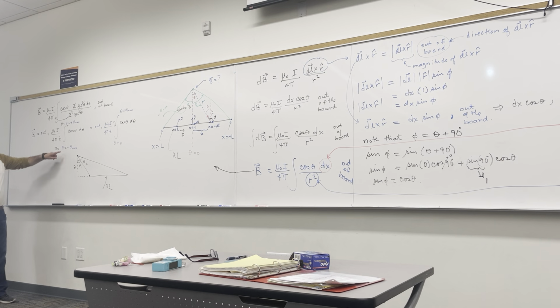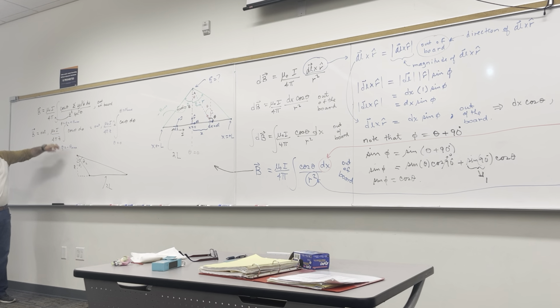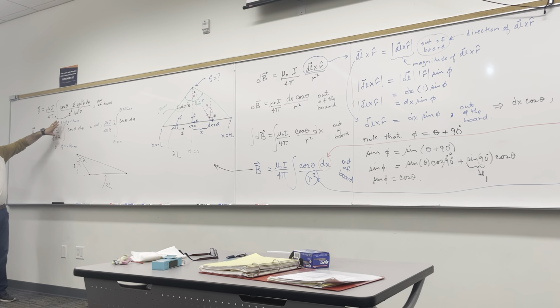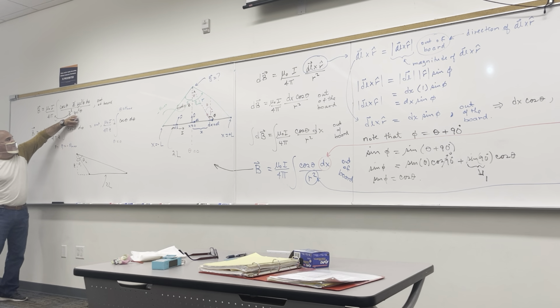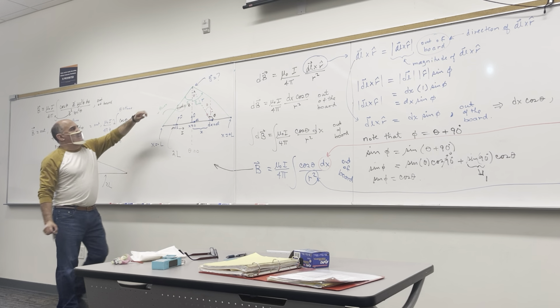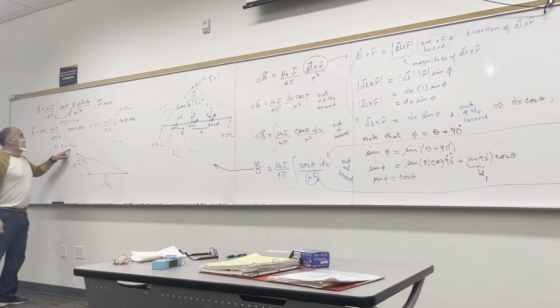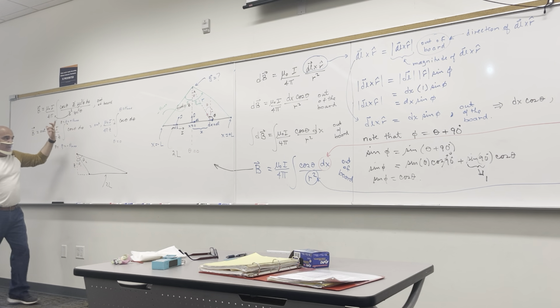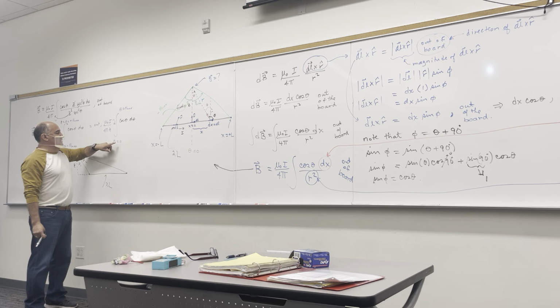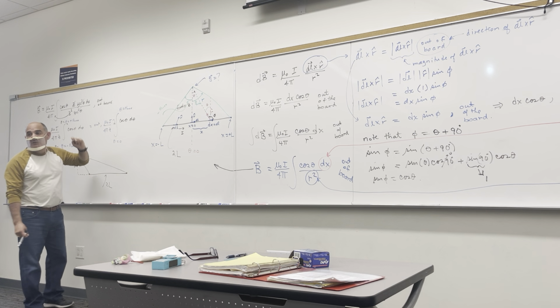So if I use from theta 1 to theta 2, some angles like this, then that would be an expression that would be more general without putting in theta max and minus theta max. But since we are above the midpoint, then I could use theta 1 is minus theta max and theta 2 is plus theta max, or from symmetry, integrate from 0 to theta max and then multiply by 2.